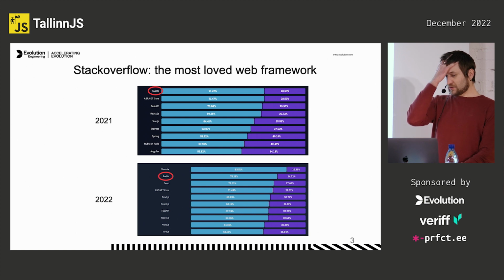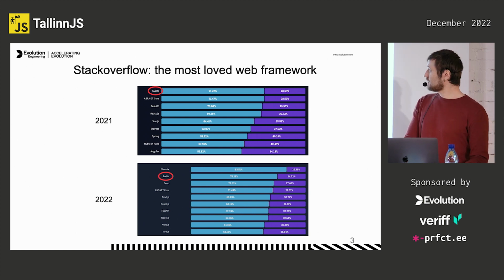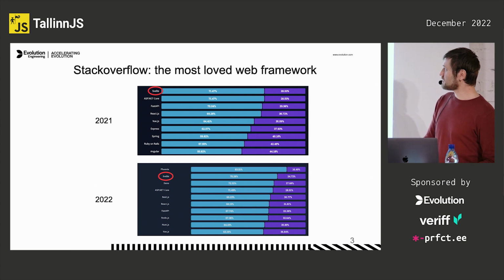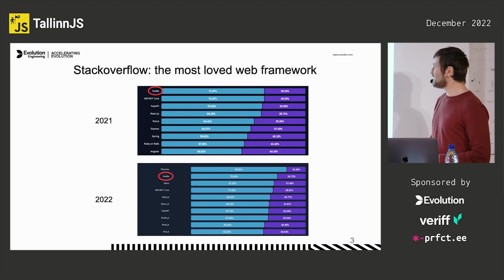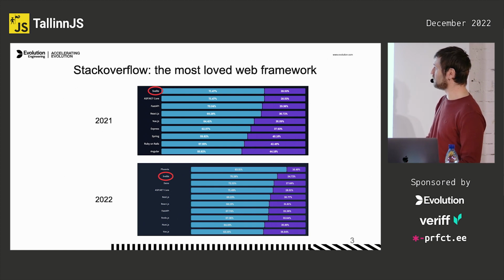So let's start with Svelte, actually. This is a slide about the survey on the Stack Overflow site. I think you all know this site. There was a survey last year, and in 2021 Svelte was the most loved web framework.